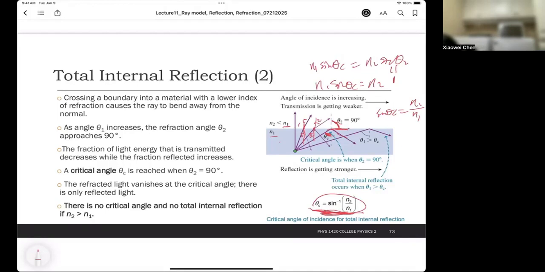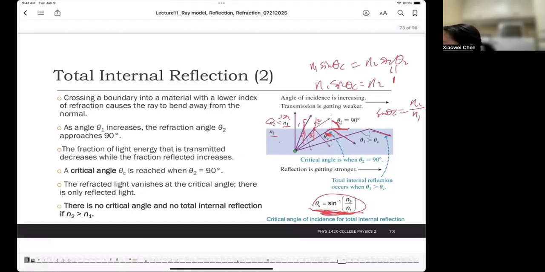There is no critical angle and no total internal reflection if n2 is greater than n1. If n2 is greater than n1, this situation will never happen. That makes sense to you? Okay, this is total internal reflection.